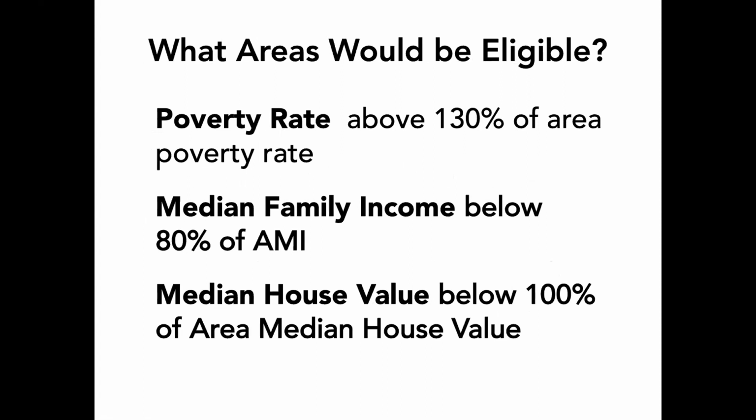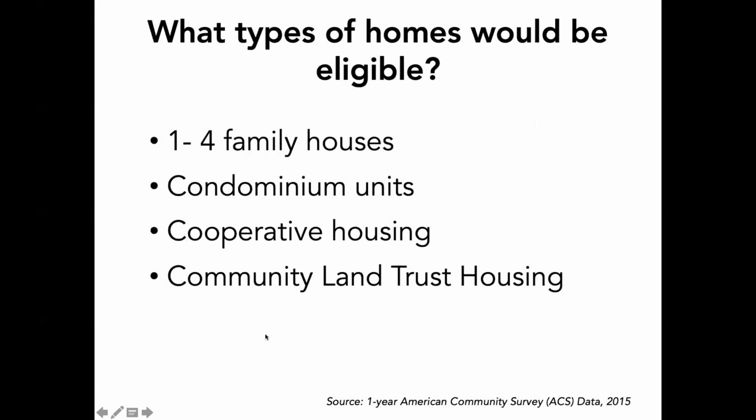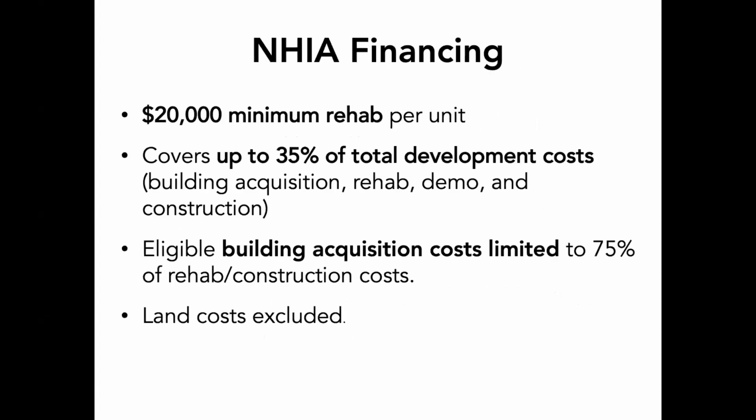This equity capital, these subsidies, would be eligible to be used in census tracts that had above average poverty rates, median family incomes below 80% of AMI, and median home values below 100% of the area median house value. The tax credit would be used exclusively for 1 to 4 family owner-occupied houses, condominium units, cooperative housing, and community land trust housing.